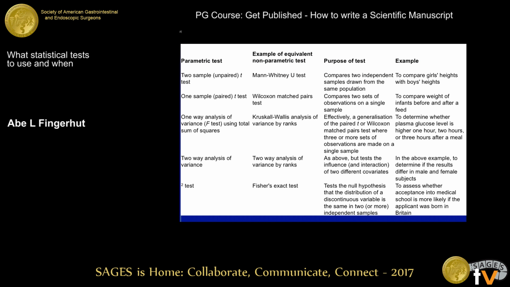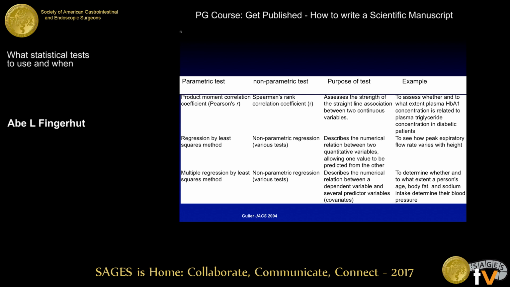The other by Güler, Jacks, 2004. I'm not going to go into details. Just read them. They're easily understood, even for surgeons. Okay? So this is all you have to know about statistics. You don't do them yourself, but when you read a paper, you have to make sure that your statistician listens to what you say.